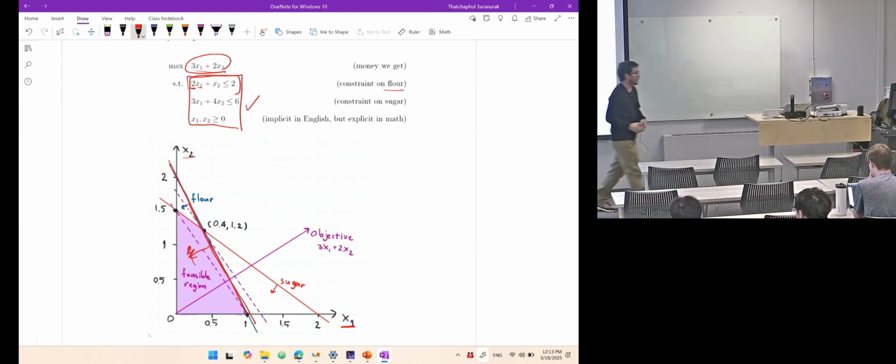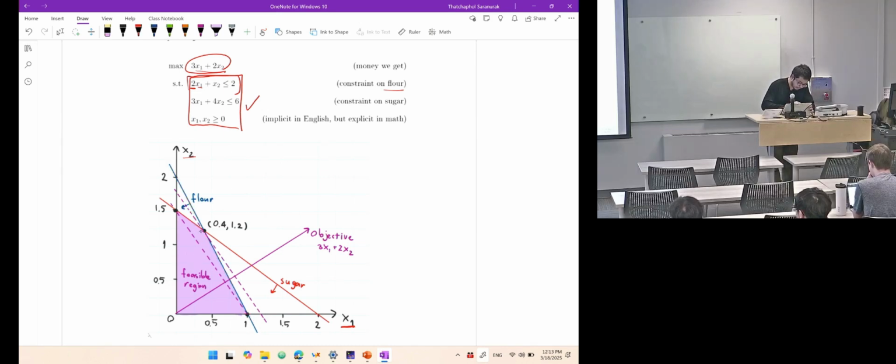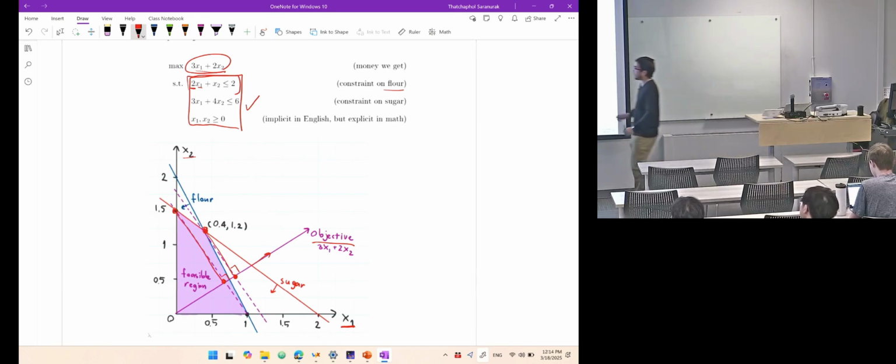And you can see that from this region, the point that goes furthest in the objective direction is this point. Because if you project this down to this direction, then it goes furthest. If it's this other point, for example, then it's not as far as you can go.